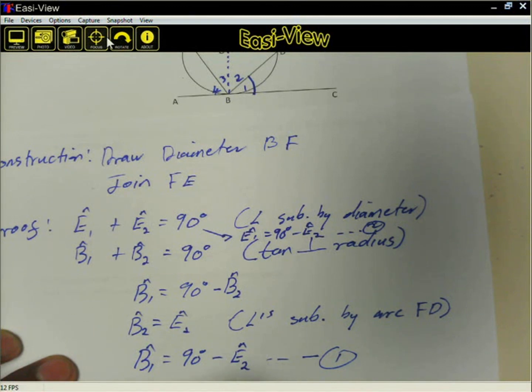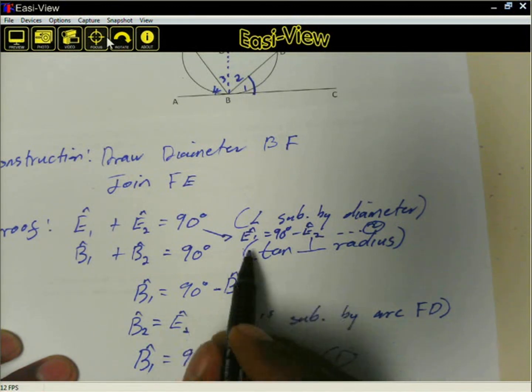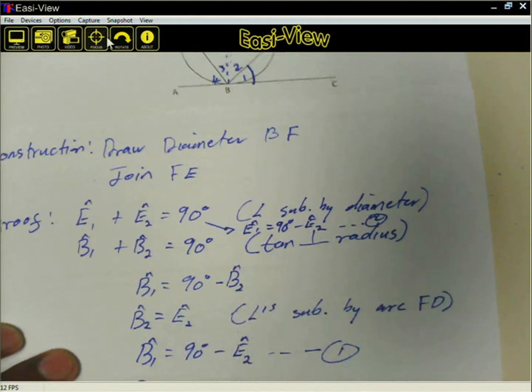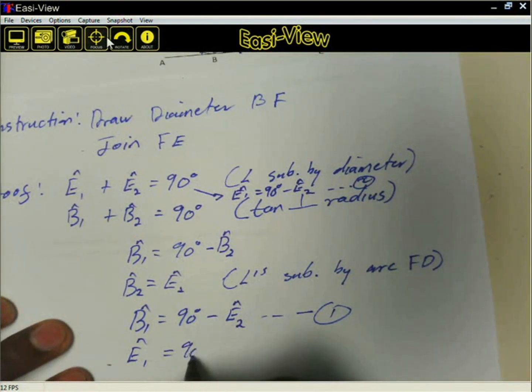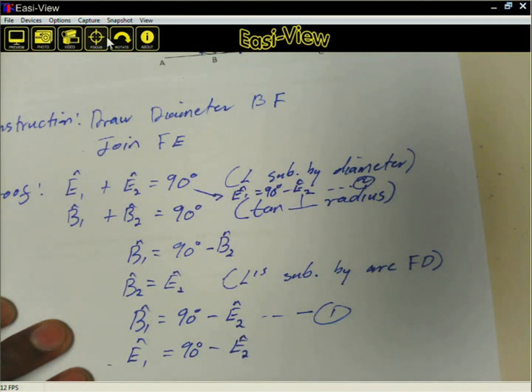Remember, if I have to write it down again, I say E1 is equal to 90 degrees minus E2. You can see B1 is equal to 90 degrees minus E2. E1 is equal to 90 degrees minus E2.